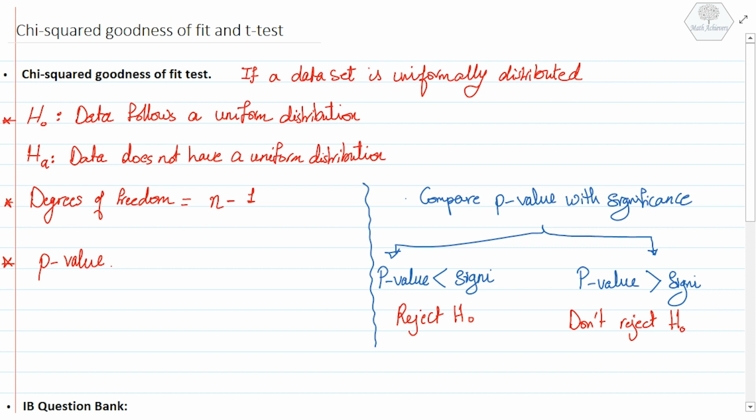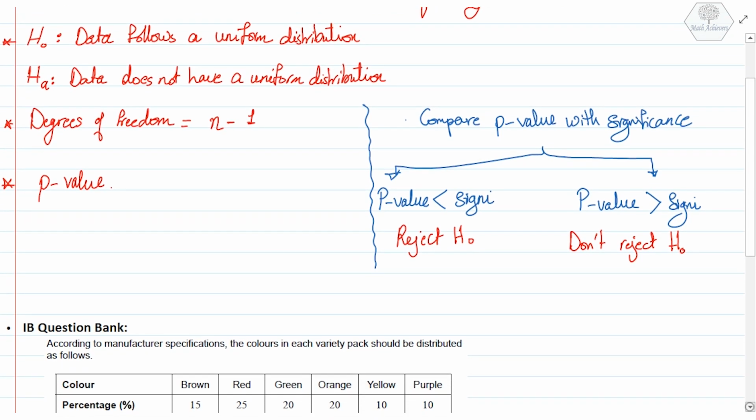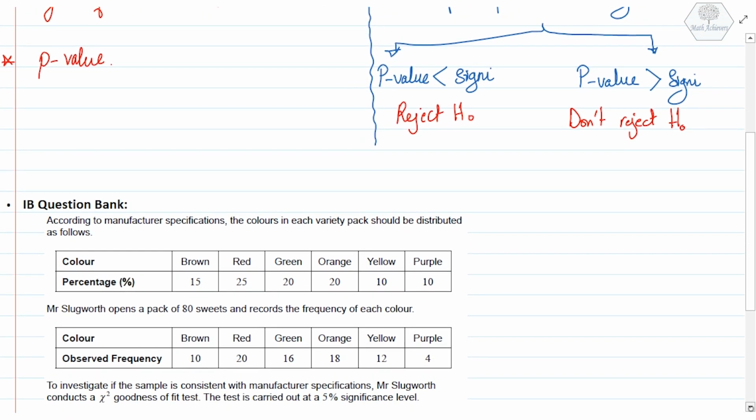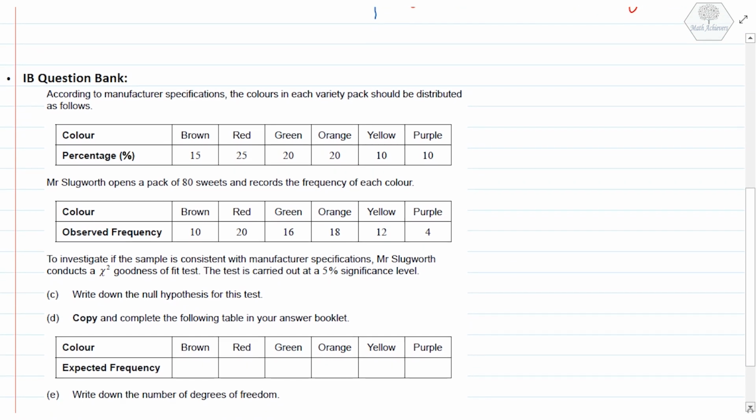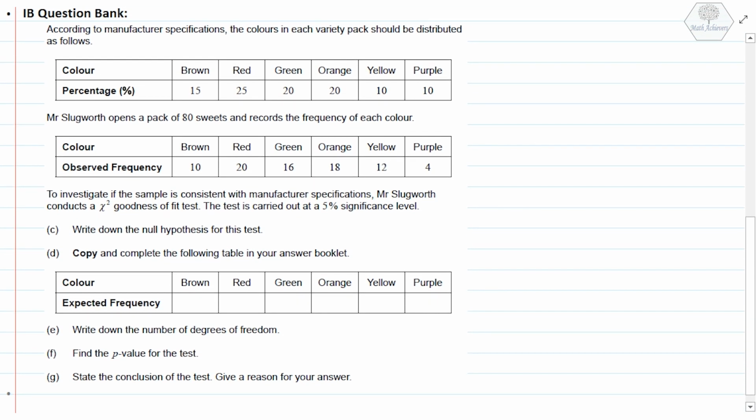Let's see an example now. We will be solving a question from the IB Questionbank. The question says, according to a manufacturer's specifications, the colors in each variety pack should be distributed as follows. Brown, red, green, orange, yellow, and purple: 15%, 25%, 20%, 20%, 10%, and 10%.